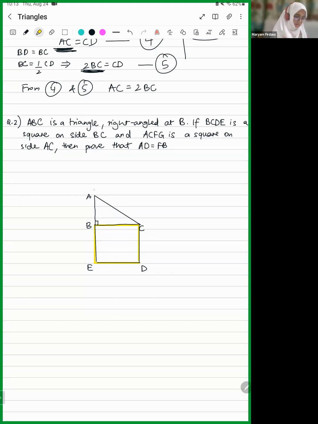It's going to be like this. So this is a square, that means this is 90 degrees. Each angle is 90 degrees and each side is equal again.